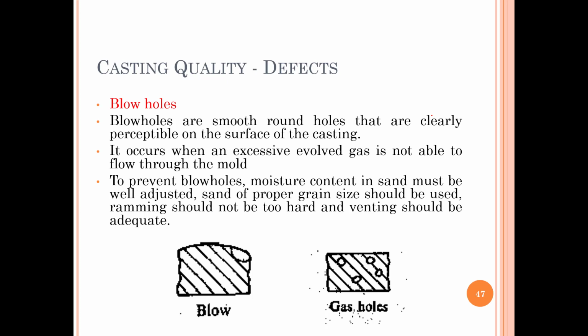The sand is densely packed, so gas will not escape. To prevent blowholes, moisture content in the sand must be well adjusted, sand of proper grain size should be used, ramming should not be too hard and venting should be adequate.